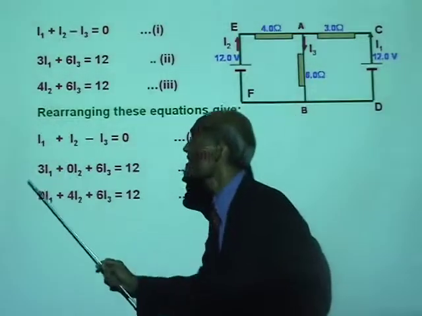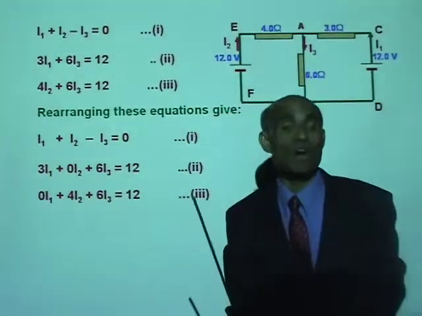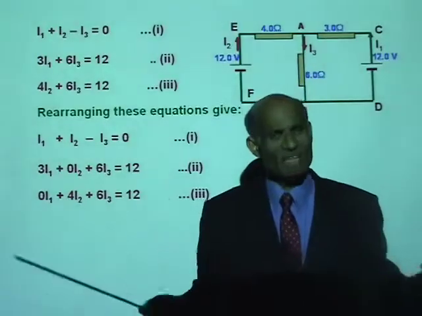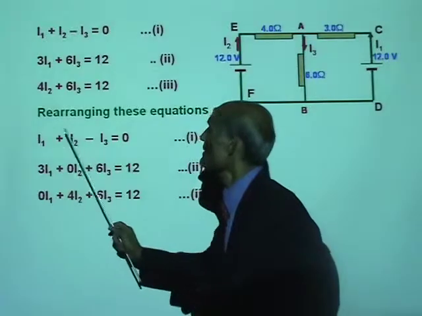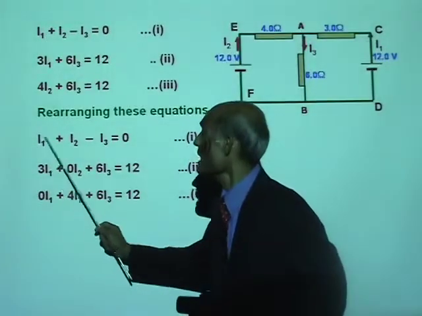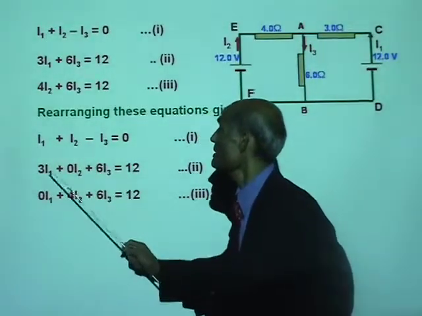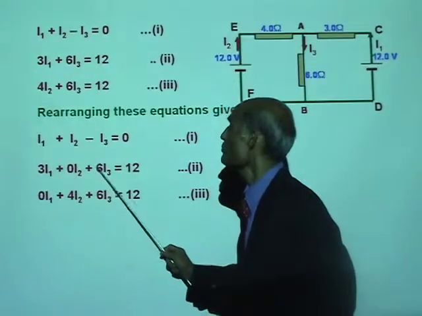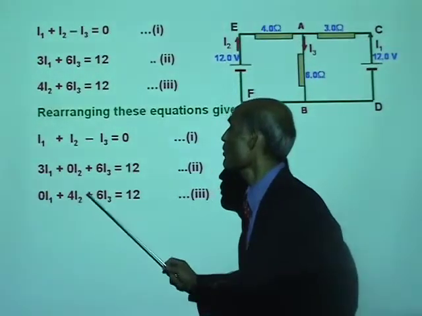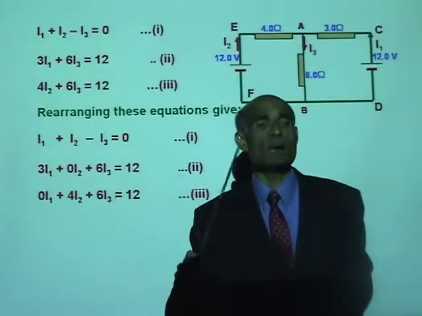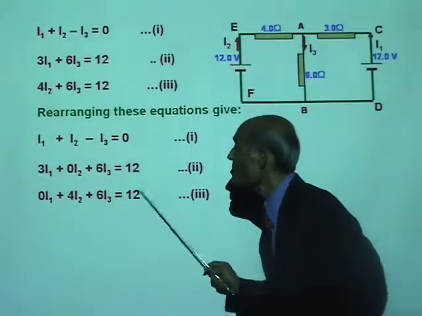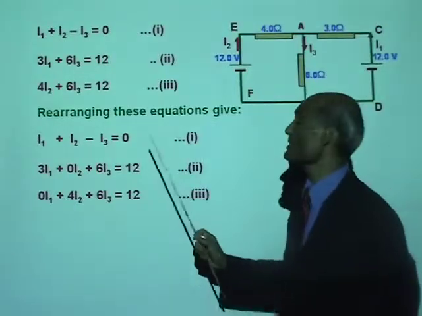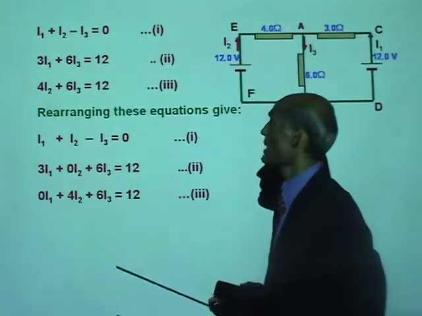These equations are now ready for you to solve on your calculator, whatever calculator you use. So make your matrix A. It will be 1, 1, negative 1, 3, 0, 6, 0, 4, 6. That will be your 3 by 3 matrix A. And then make your 3 by 1 column matrix, 0, 12, 12.